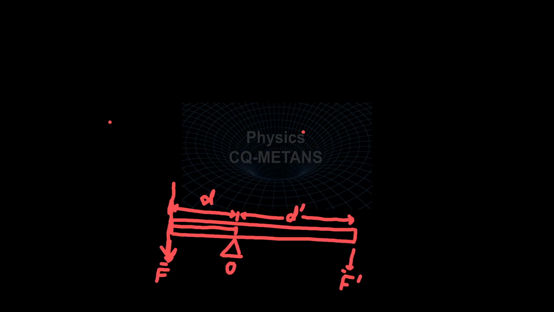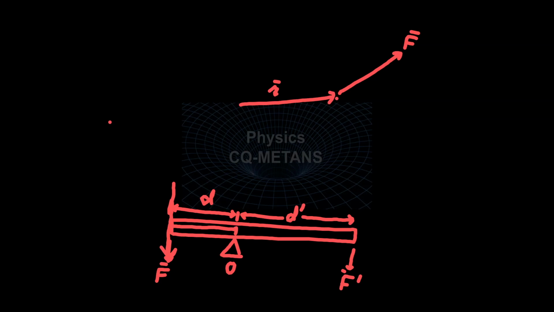So how can we deal with this now? See, this is my r vector, and this is some force vector F over here. This is the force and this is the radial vector.